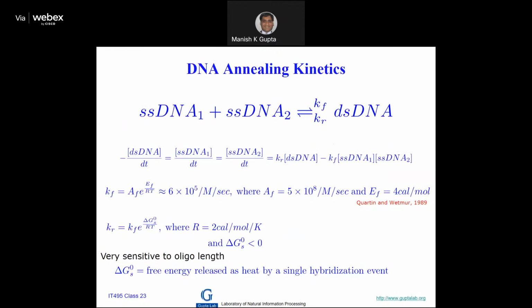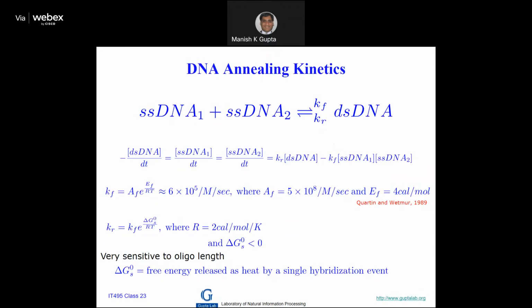Okay, so now you see, when we are looking at tiles, basically we are looking at free sticky ends, right? Each sticky end is single strand DNA. That's why it is written as SS, single strand DNA1 plus single strand DNA2 with forward rate of reaction, giving double stranded DNA. Single stranded DNA combining gives you double stranded DNA. This is what is happening at each connection of the tiles, right?